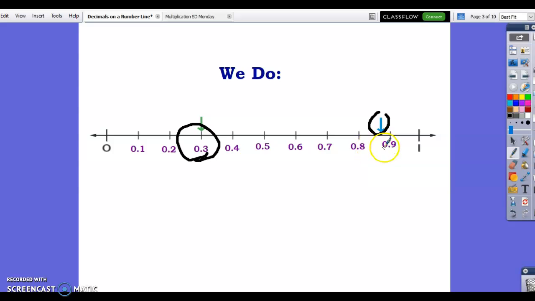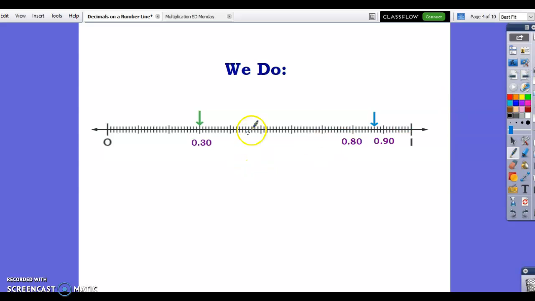So if we actually break down our tenths into hundredths, it makes it a lot easier to know exactly what the answer is going to be. So here is that next one. Again, we have our 0 and our 1, and then we've broken it down even more into the hundredths. So your 3/10 can also be written as 30 100ths, and our 8/10 can be 80 100ths and 90 100ths.